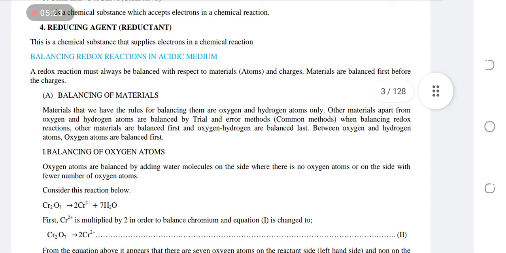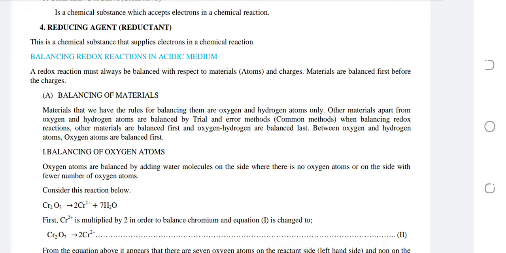A redox reaction must always be balanced with respect to materials or atoms and the charges. Materials are balanced first before the charges. Balancing of materials, the rules we have are for oxygen and hydrogen atoms only.